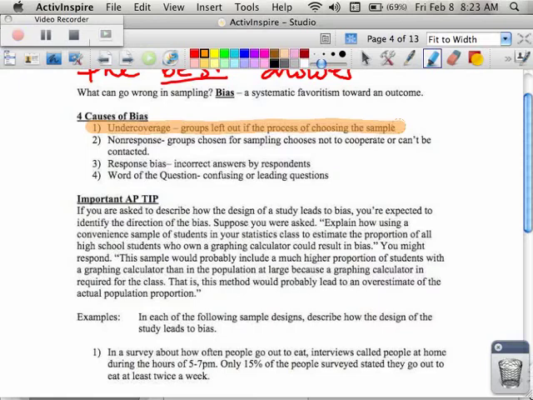The second kind is non-response. This is where groups are chosen for sampling and they choose not to cooperate or cannot be contacted. For example, if they were to call to take a survey at 2 p.m. in the afternoon and they want to know what your income level was, who are they leaving out? Yep, everybody who's at work. So that would not be such a good sample.